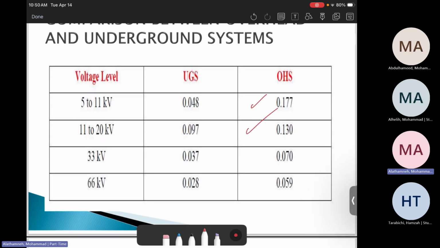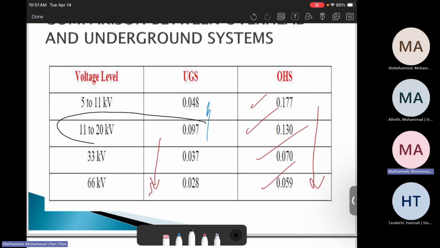Then at 33 kilovolts, the failure rate of OHS is also higher. Then at 66 kilovolts, the failure rate is higher. When you increase the voltage, the failure rate decreases in the overhead system. In the underground system it decreases here, while in this part it increases. So you can see between 11 and 20 kilovolts, the failure rate increases.